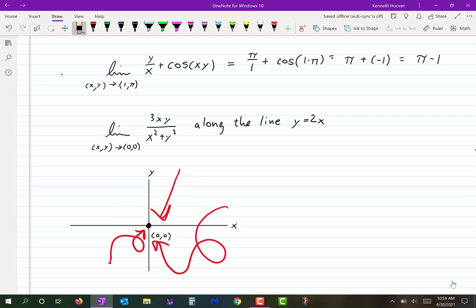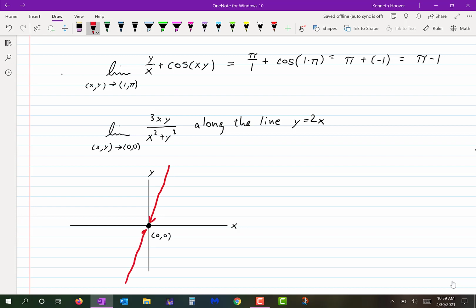Okay, but I'm only asking you in this particular question, what is the limit if you approach the origin along the line y equals 2x?